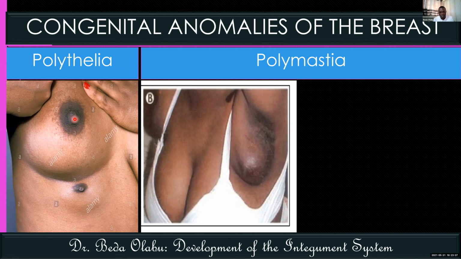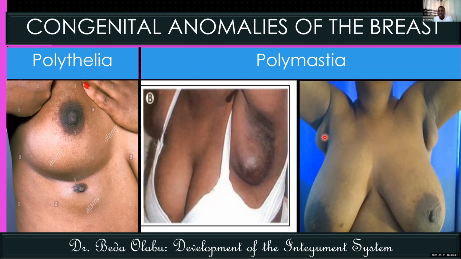When there is polymastia, in most cases, the extra breast will be towards the axilla rather than down. And it can be unilateral or bilateral, like in this woman, where it's bilateral. Unfortunately, it's difficult for women to pick when they have polymastia until their first pregnancy.